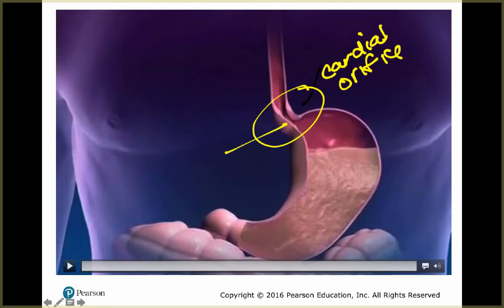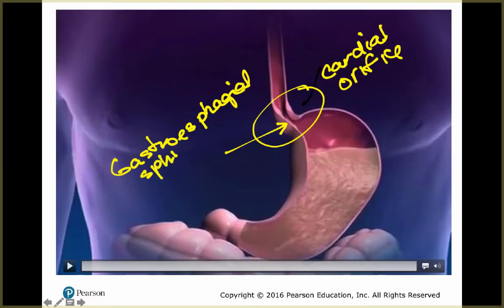And what keeps this orifice closed is the gastroesophageal sphincter. It's also known as the cardiac sphincter.